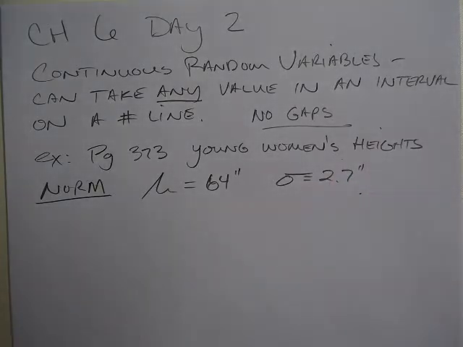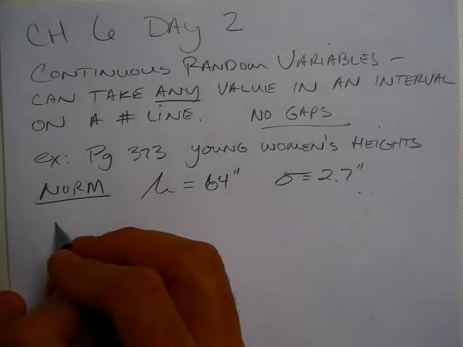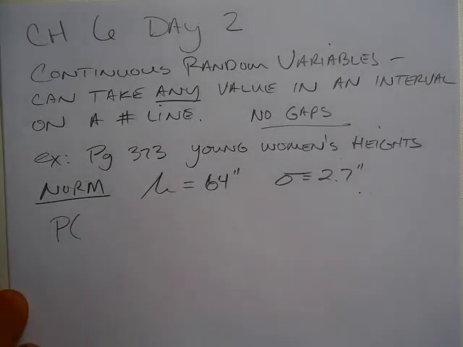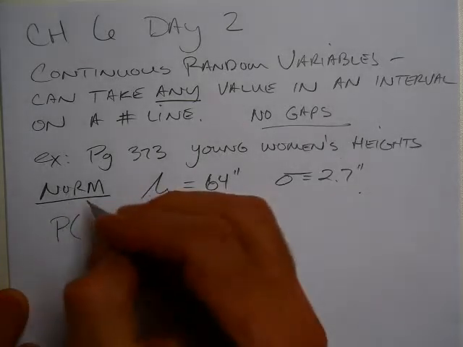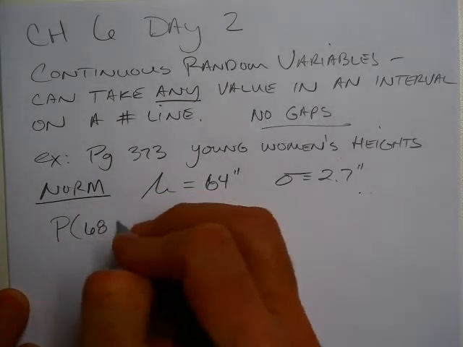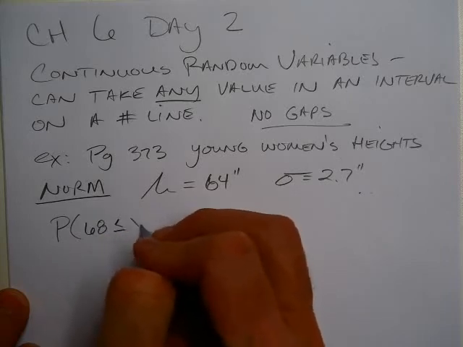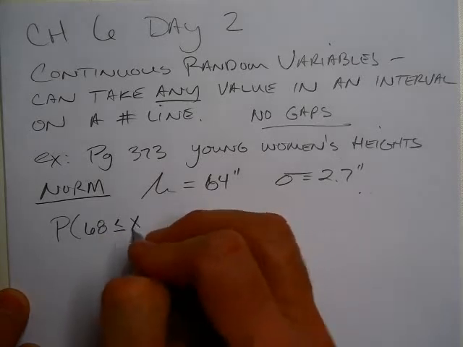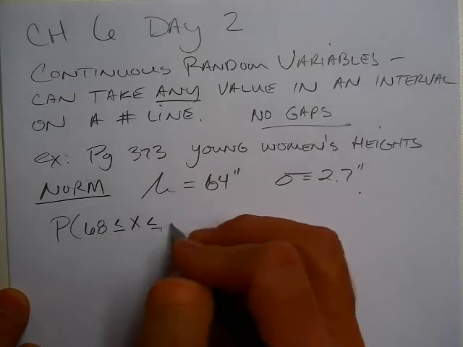So these are population values, right? And the question is, what's the probability that at random we choose a woman from the population that's between 68 inches and 70 inches?